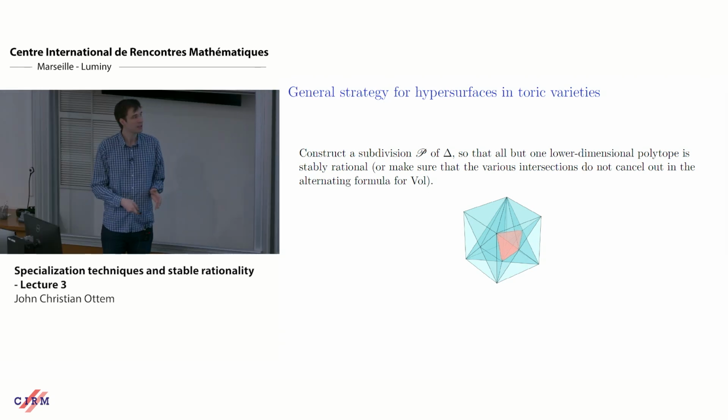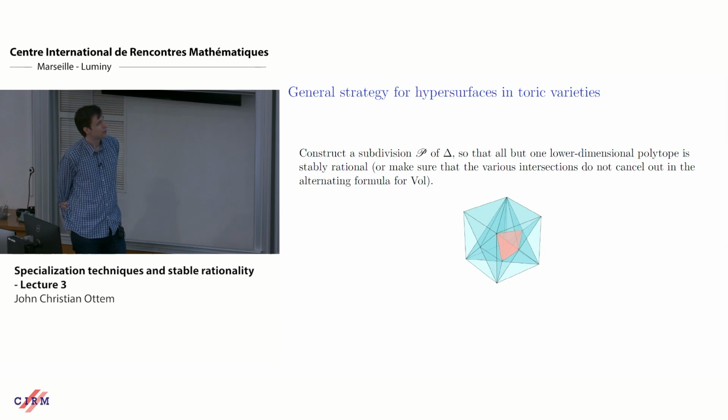So if you can do that, then this alternating sum in the volume formula will not be able to cancel out to Spec C, because you have this irrational guy, it just never goes away, and you have lots of rational things, so this alternating sum could just never be the class of a point. So that's the strategy for doing this.